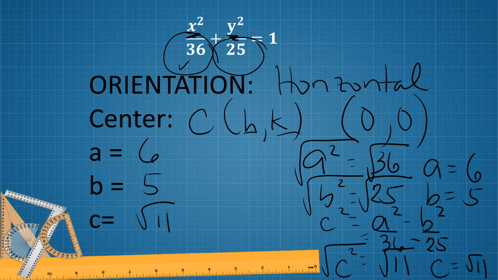On our first explanation, you've learned that a is used as the basis for the vertices. b is used in order for us to find or locate the co-vertices. And c is used in order for us to locate the foci. So the next thing that we need to do is to graph.